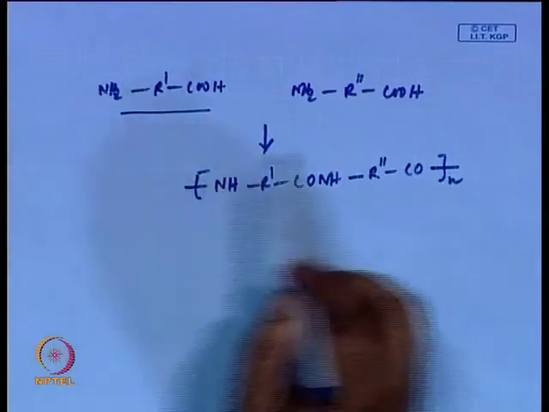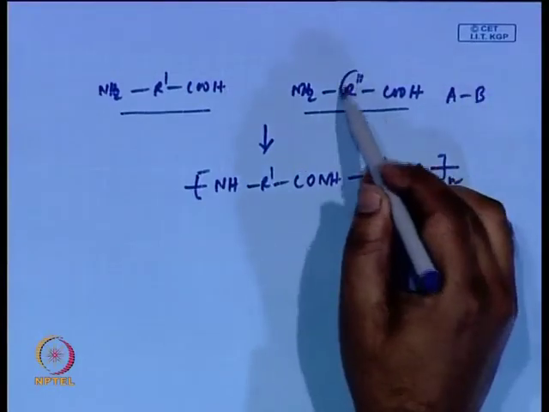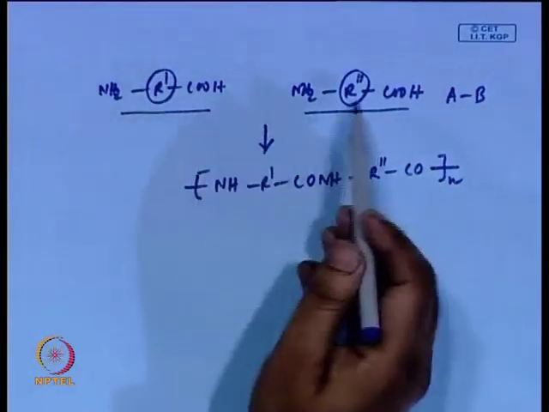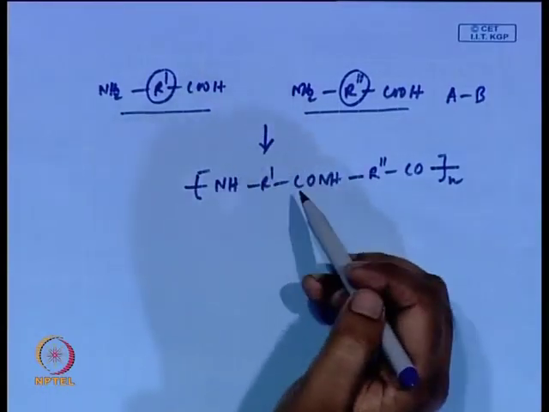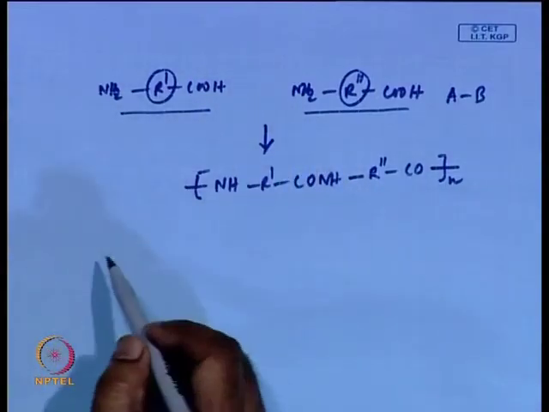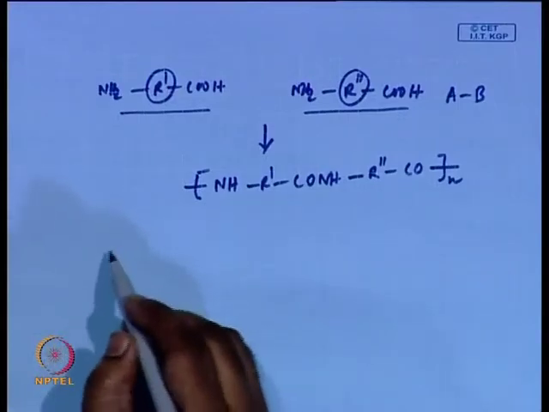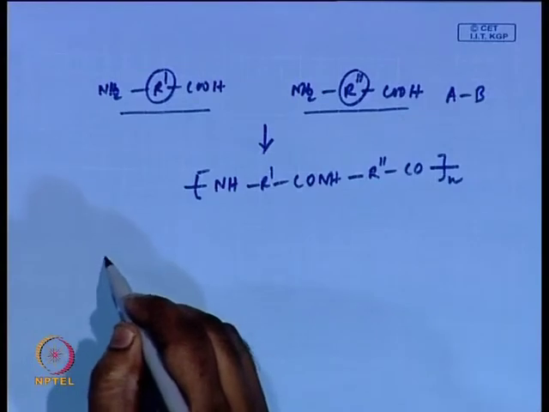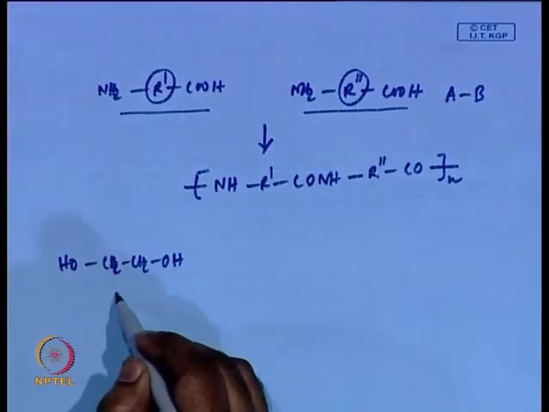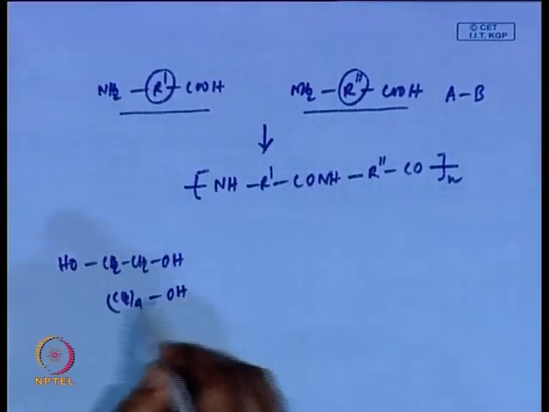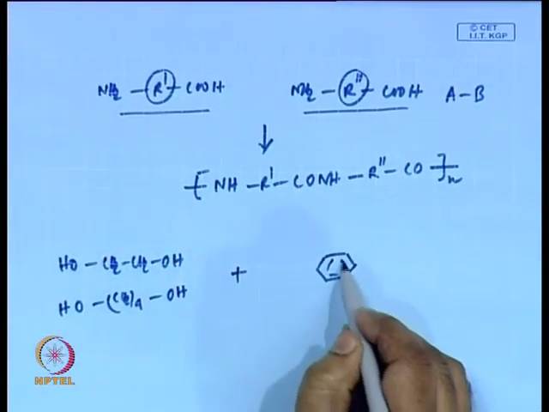You take, say, bifunctional AB type monomers, and if you have two different groups inside, then you can make a copolymer, but this is not a very regularly used method for making copolymers. The practiced methods are normally, say if you are making a polyester, if you have ethylene glycol, CH2 CH2 OH, along with, on the other side, terephthalic acid.